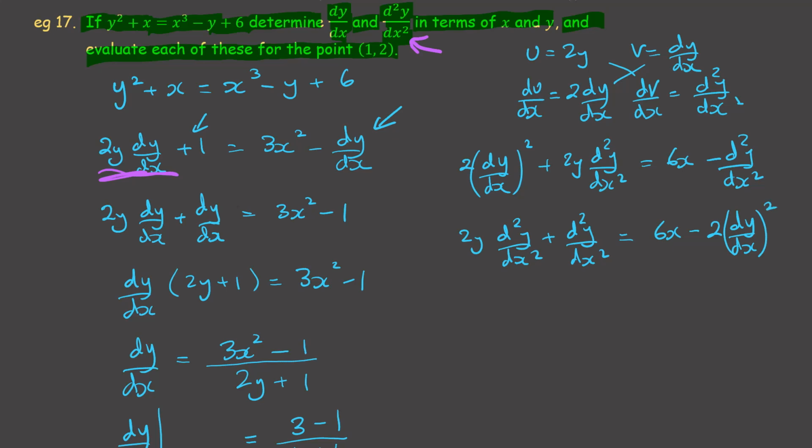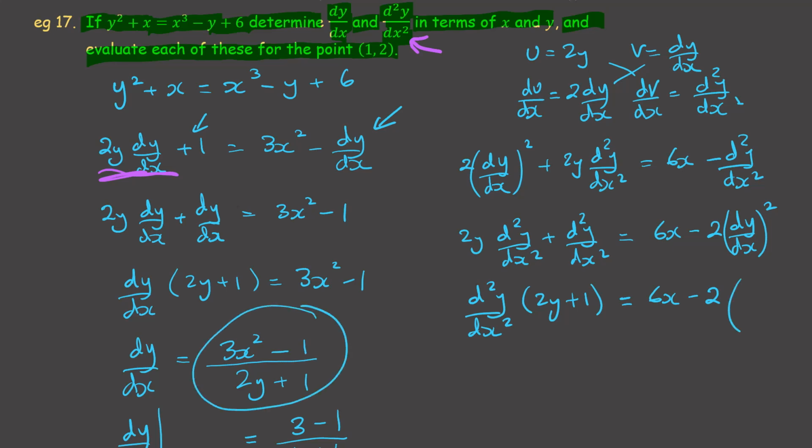Note, (dy/dx) all squared is dy/dx times dy/dx. d²y/dx² is what you get when you differentiate dy/dx, so they're not the same thing at all. So we've got d²y/dx² times (2y plus 1) is equal to 6x take away twice that squared.